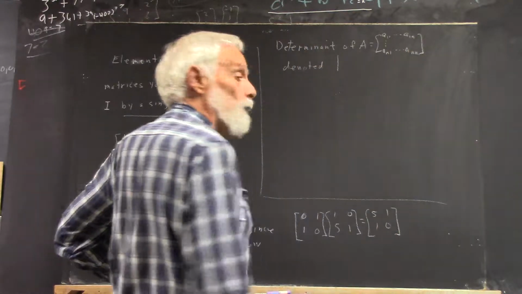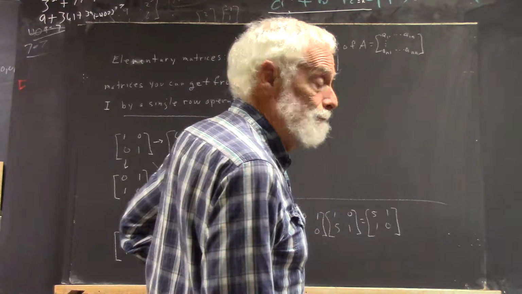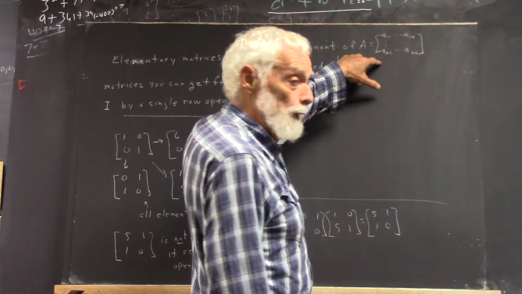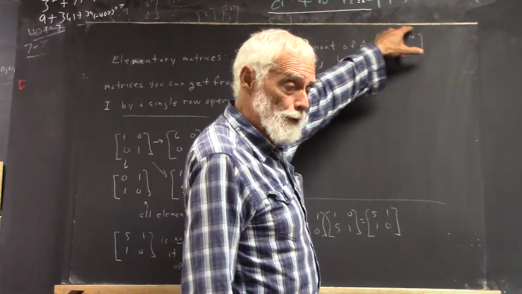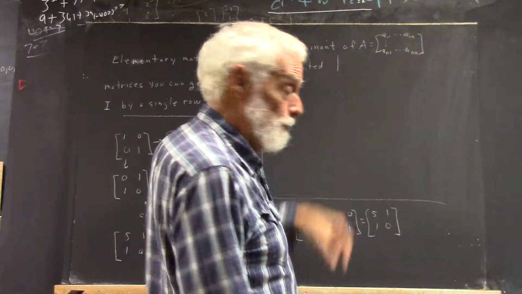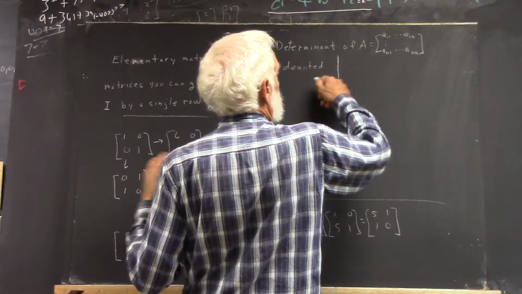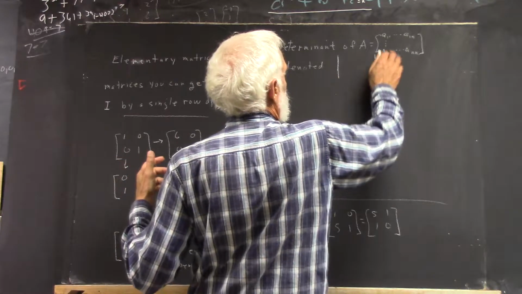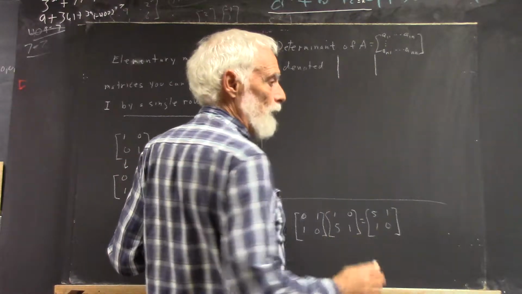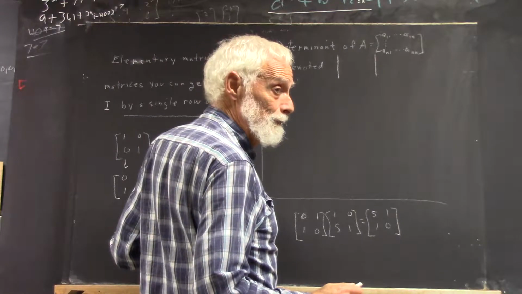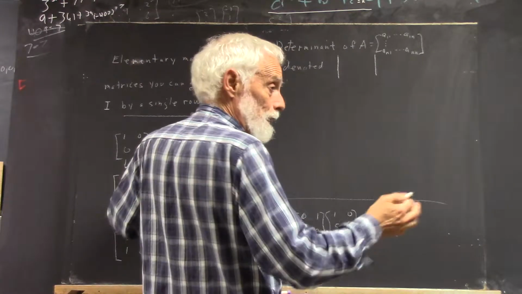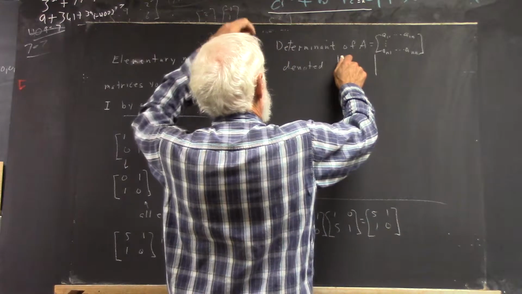First of all, it's got to be a square matrix. So we have A11 through AN1 in the column and A11 through A1N in the row. It's just denoted by putting the numbers between two things that look like absolute value signs, but they're big and long so they can accommodate all the rows.